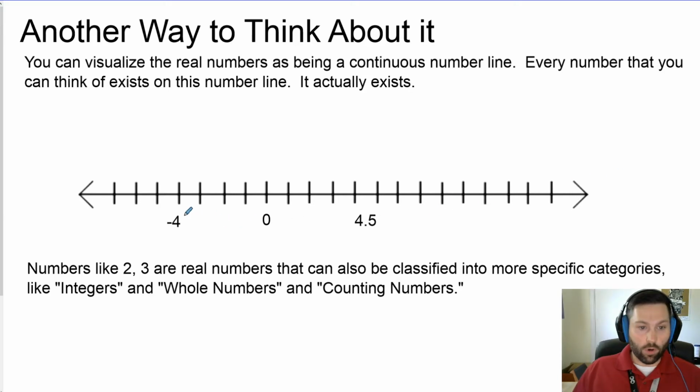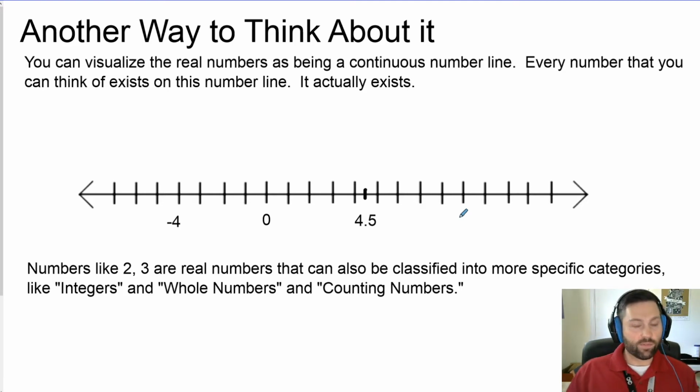So -4 is an integer. 0 is an integer. 4.5 would be a rational number, but they all actually exist on this number line. 4.5 would be right about here. Numbers like 2 and 3 are real numbers that can be classified into more specific categories like integers, whole numbers, and counting numbers as well. So just keep that in mind as we move forward.